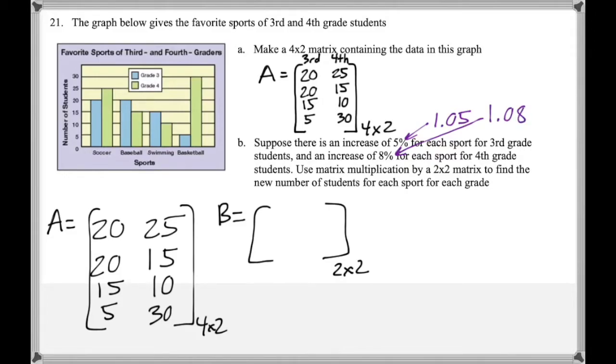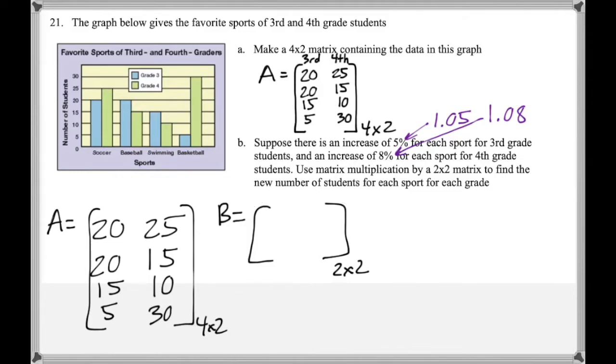However, I only want to multiply the 3rd grade column by 1.05, and I only want to multiply the 4th grade column by 1.08. And I need to accomplish this with a 2x2 matrix. So this is kind of tricky.